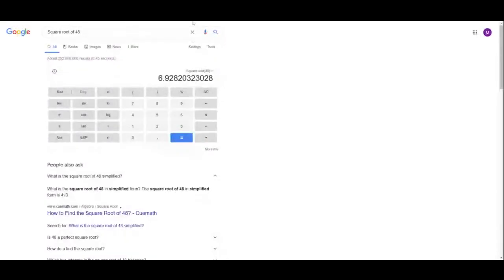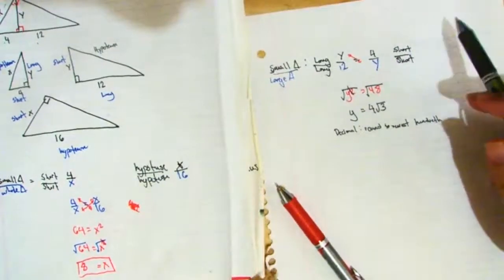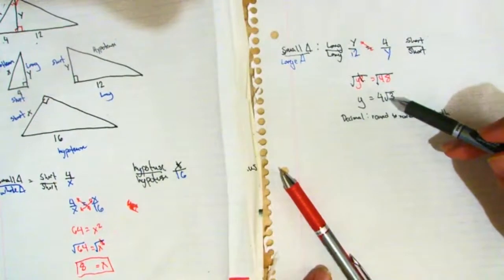Once again, I already found the square root here. It's going to be 6.92803233028. But what I want you to have as your answer is 4 square root of 3. The square root of 48 is 4 square root of 3.